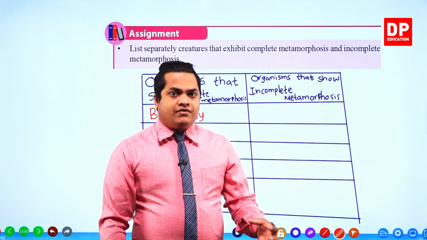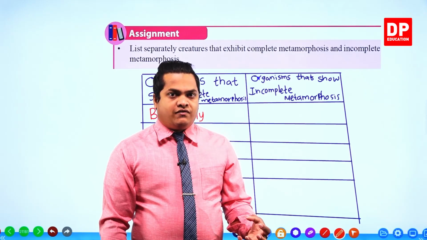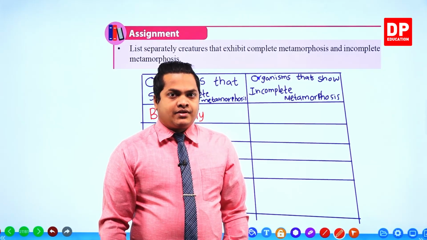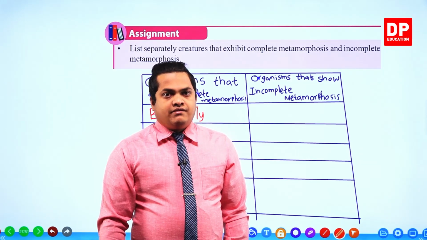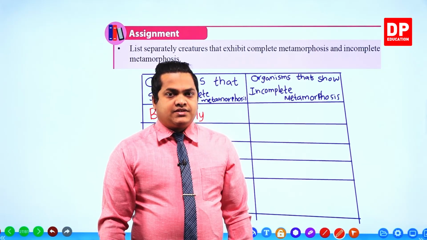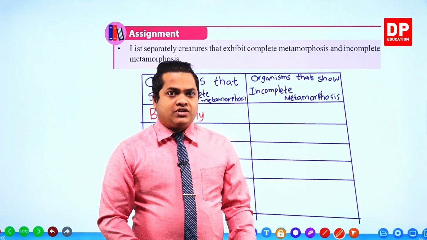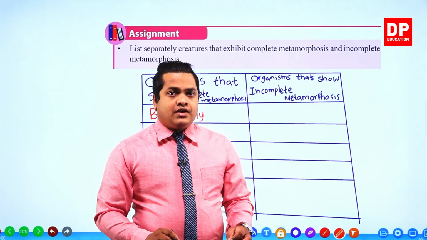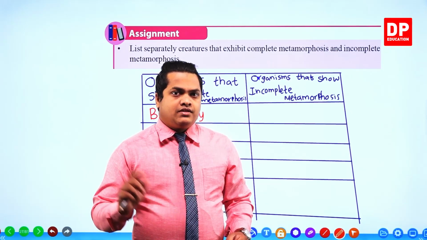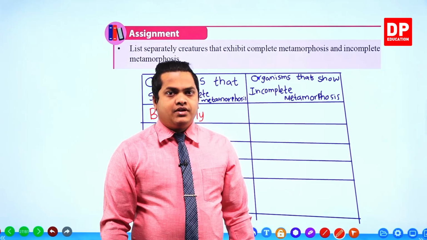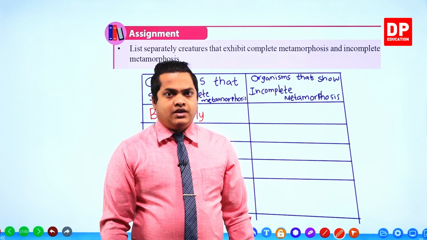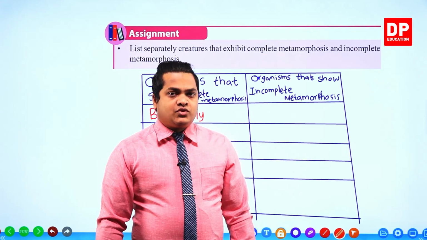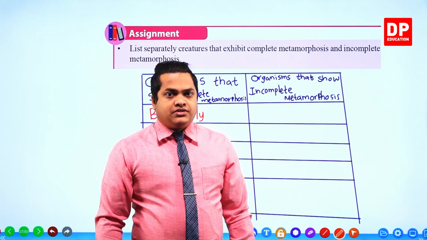The larval stage, the worm, comes out and eats that mango and survives. Finally, when the necessary metamorphic stages are complete, the fruit fly comes out from the fruit. That's how this organism survives within our environment.